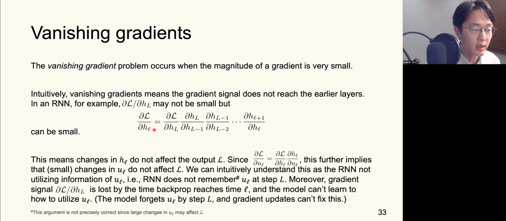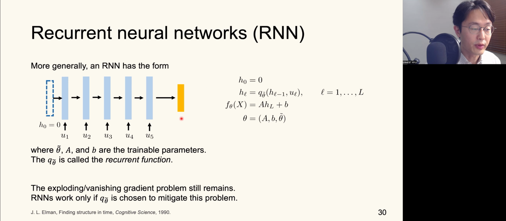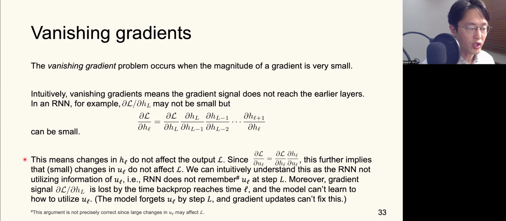Now, if we go back to this diagram, the interpretation of that scenario is that this output would change if this final hidden vector would change. But if this earlier hidden vector changes, that doesn't really affect the final output. This means small changes in h^l, an earlier hidden state vector, does not affect the final loss. And since ∂L/∂u^l is ∂L/∂h^l times ∂h^l/∂u^l, this further implies that small changes in u^l do not affect the output loss.